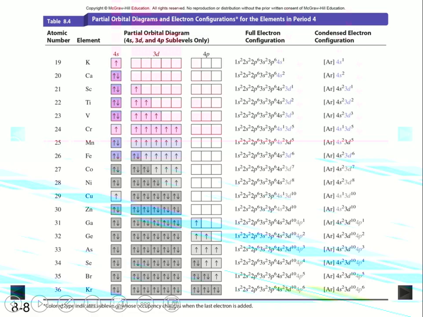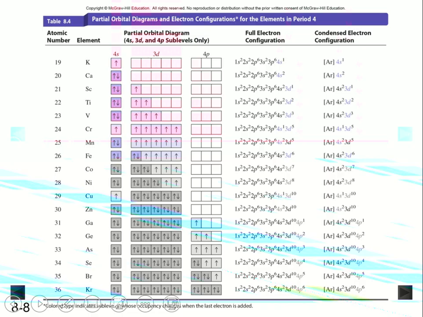Then we continue with manganese, 4s2 3d5, iron 4s2 3d6, cobalt 4s2 3d7, nickel 4s2 3d8, and then our second exception in this row is copper. We might expect a 4s2 3d9, but we see it's a 4s1 3d10.